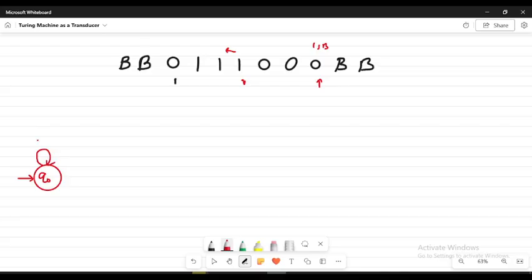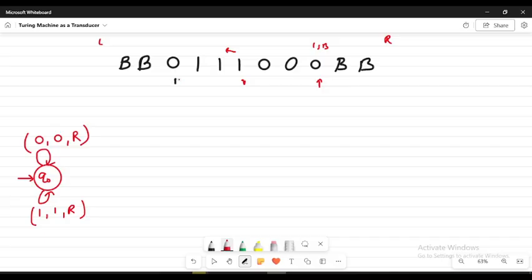Whenever you see 0, we have to cross all the zeros and ones. So whenever you see 0, make it 0 itself and move in the right direction. This is the left direction, this is the right direction. And whenever you see 1, keep it as 1 and move in the right direction.